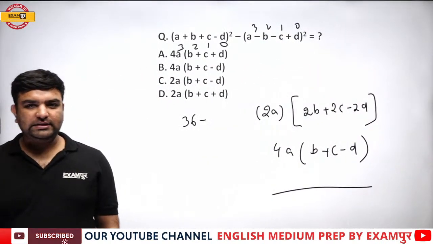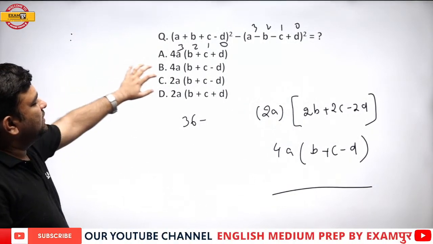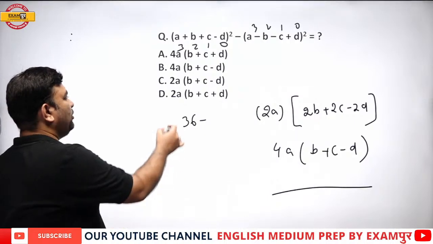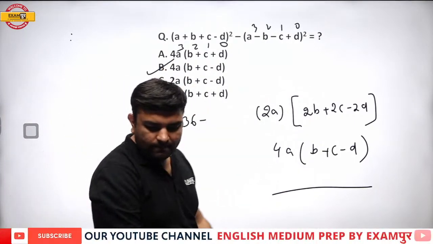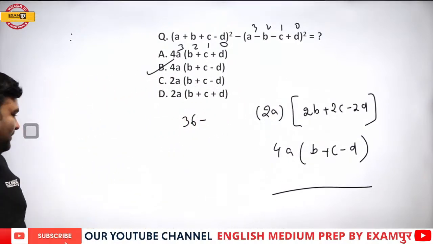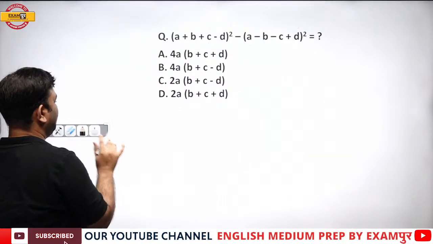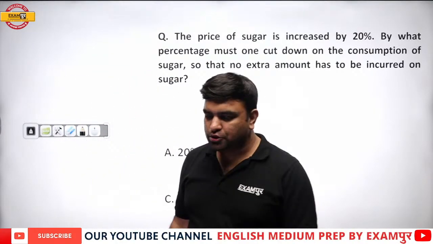Whatever will give you 36 is your answer. By putting the values, I think this will come out to be true. Yeah, that is what I said. So these small care should be taken.